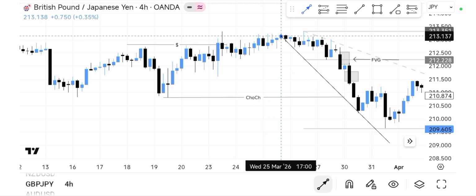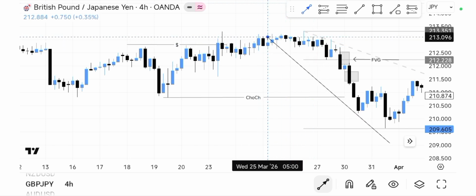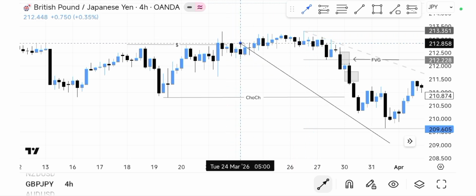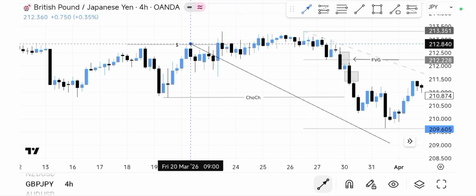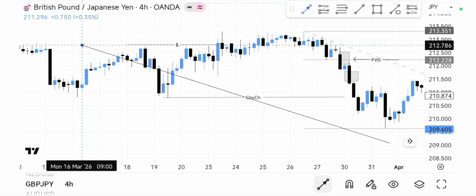There was a slight break which I missed, and I believe this is why I lost the trade, because there was a slight break above these highs over here and this previous high there.